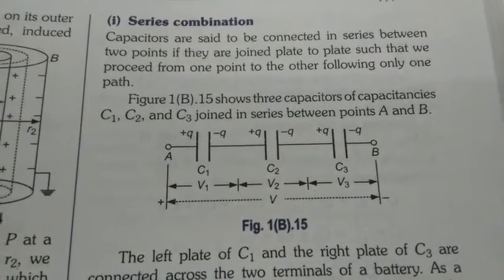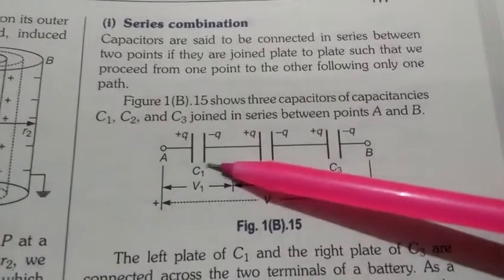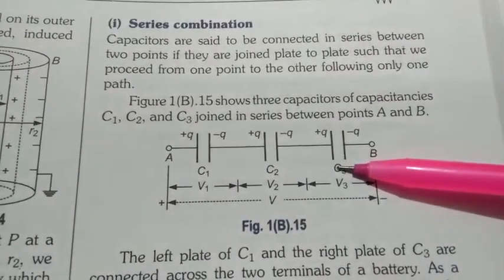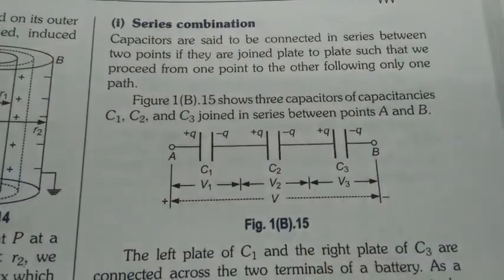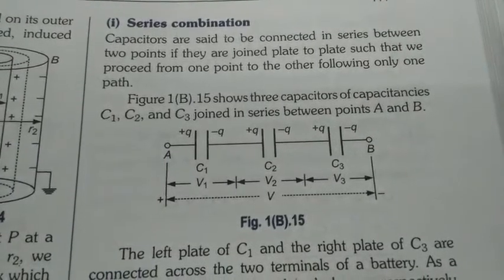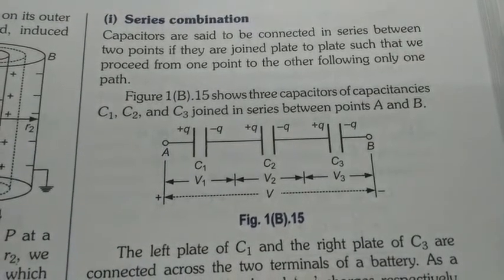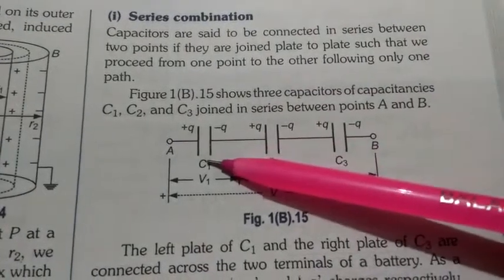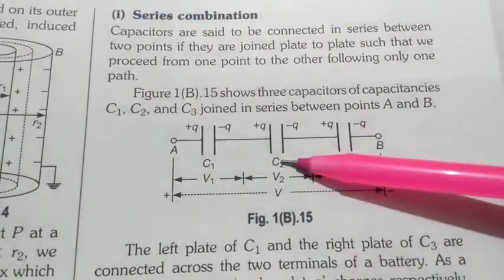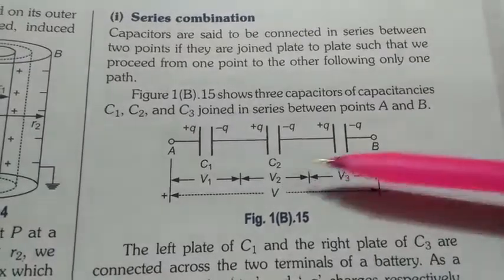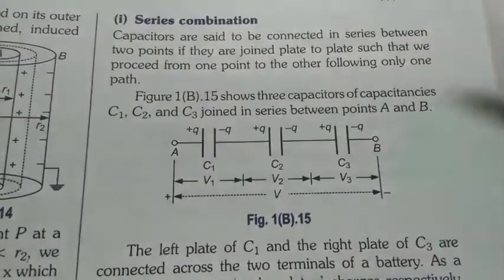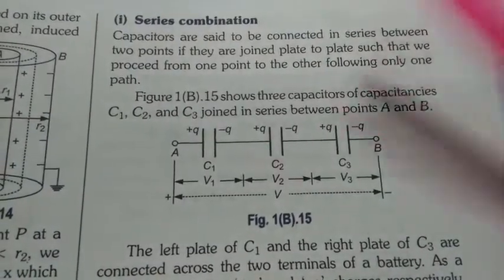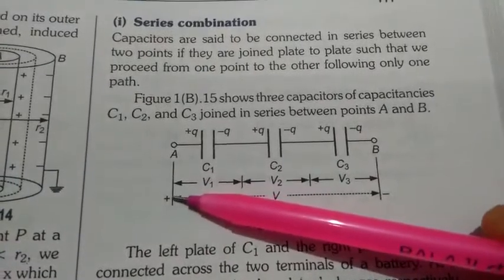Because the capacitors C1, C2 and C3 are all at different distances from the source, their voltages, their potential drops, will be different. So for capacitor C1 it is V1, for capacitor C2 the potential is V2, and for capacitor C3 the potential is V3. This is the positive terminal of the battery.